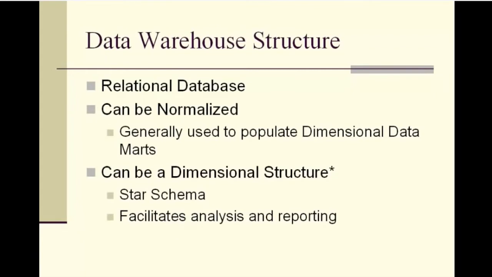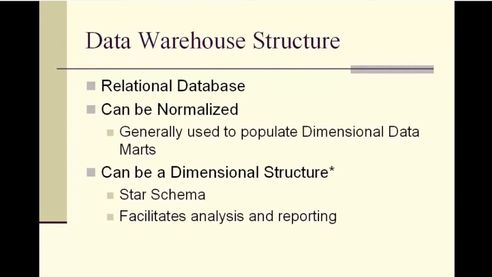The data warehouse structure is what we are looking at today, and we are going to contrast it with a typical relational database structure that is highly normalized. The data warehouse itself does sit in a relational database world, so it's very much like operational systems in that respect.